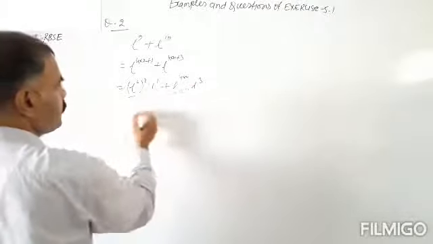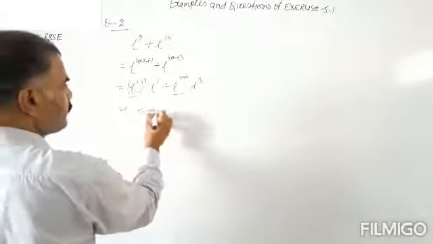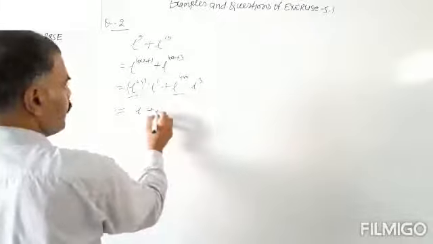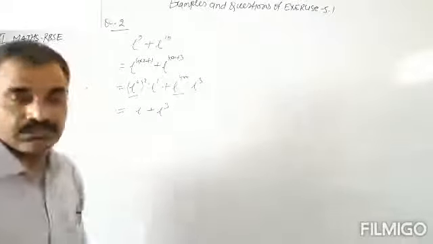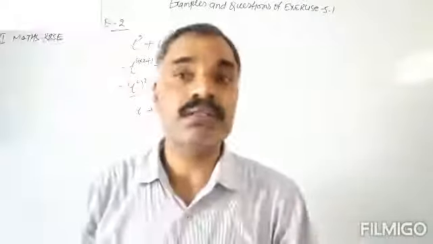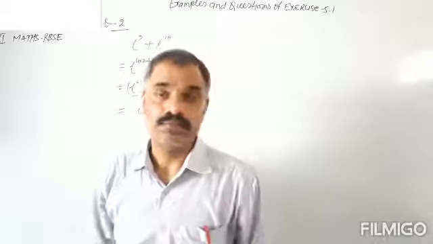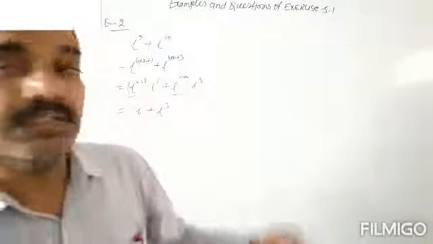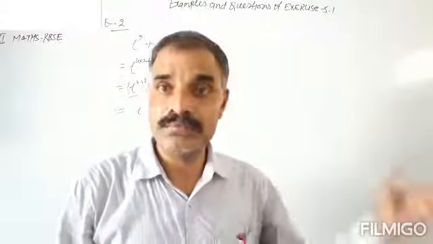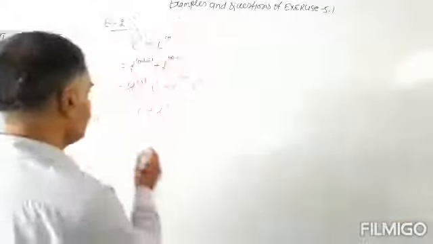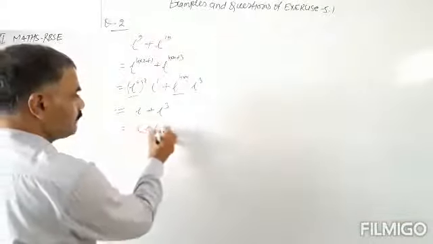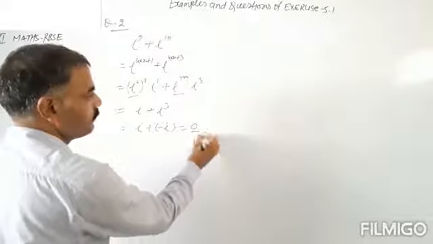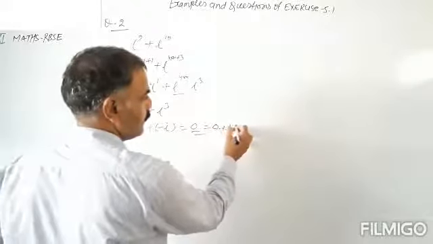This is 1, so it equals iota plus iota to the power 3. And iota to the power 3 equals minus iota, so iota plus minus iota equals 0, that is 0 plus iota 0.